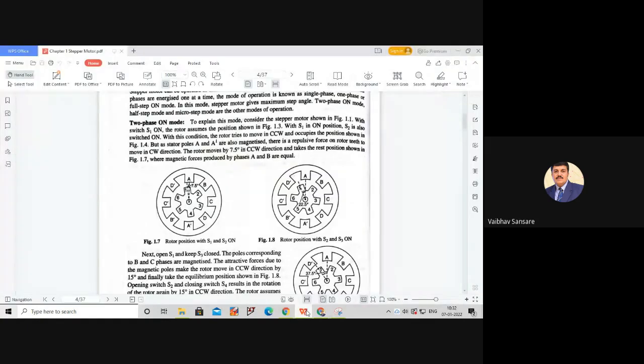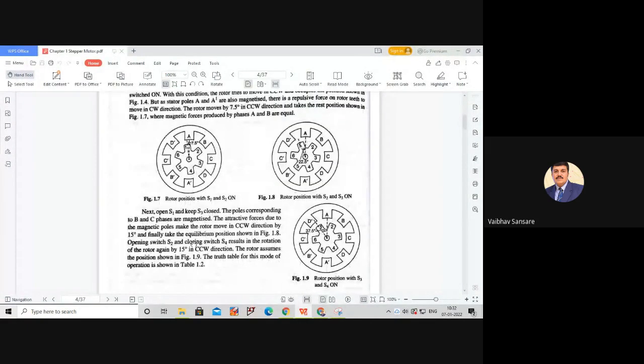Now what will happen? When we open S1 and close switch S3, the poles corresponding to phases B and C get energized. The initial position of the rotor is as shown in figure 1.7. Whatever poles lie under the B phase and C phase, both get energized. Now if you look at this diagram, in this case both B and C phases are energized.